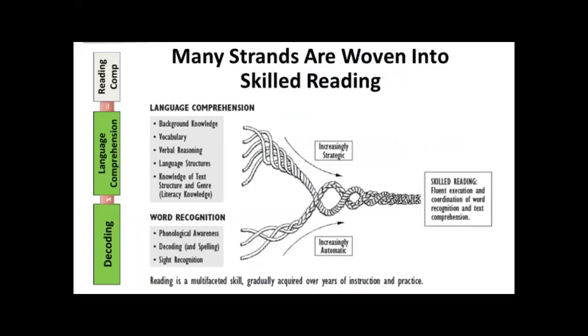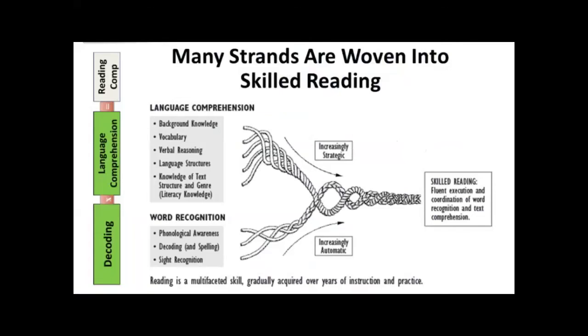Now, the ones at the top, the language comprehension skills, those are unconstrained skills. They develop forever, and they tend to be difficult to assess, so we never know all vocabulary. We're always learning those, and we have to be very strategic with those. When you have an accomplished reader, they don't even have to think about the word recognition piece. They just do that very automatically, and they're always coming back to the language comprehension.